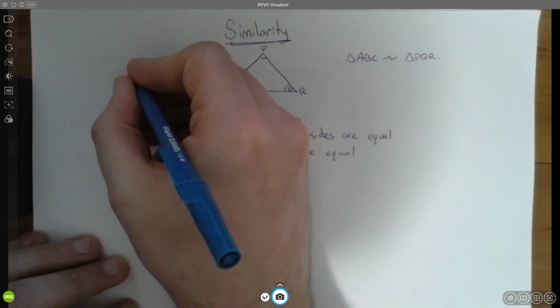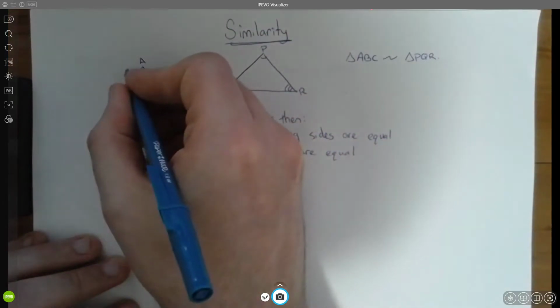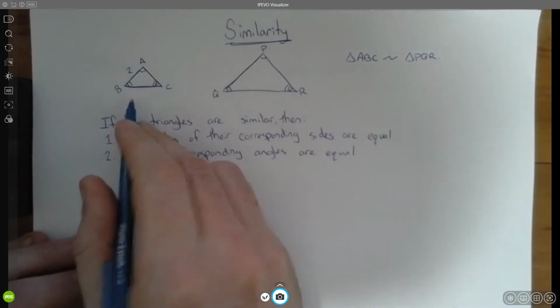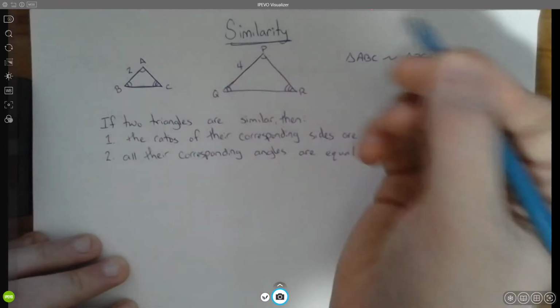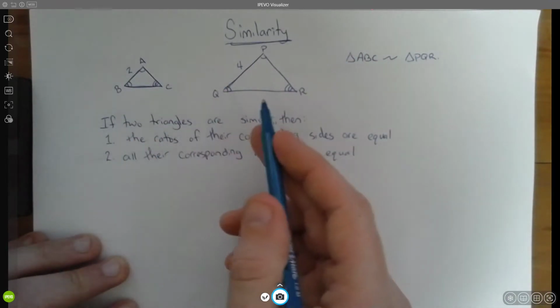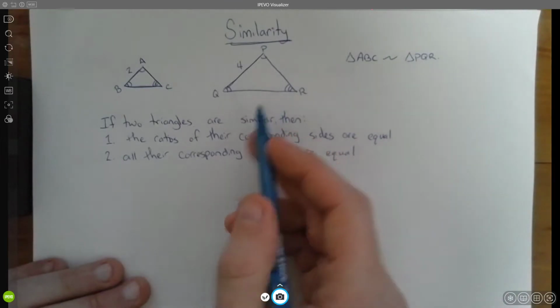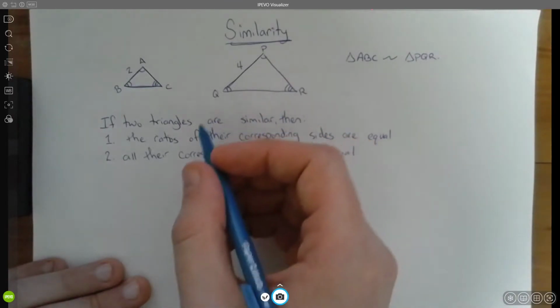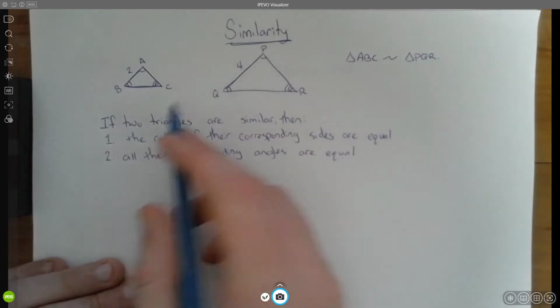So for example, if this is twice the size, if this side length was 2, then this one would have to be 4. And everything would have to follow that same pattern of doubling up. Or what do we multiply by to get to that next side length?